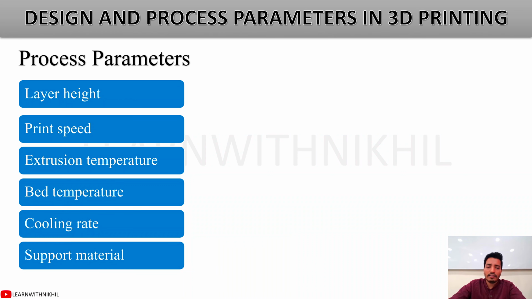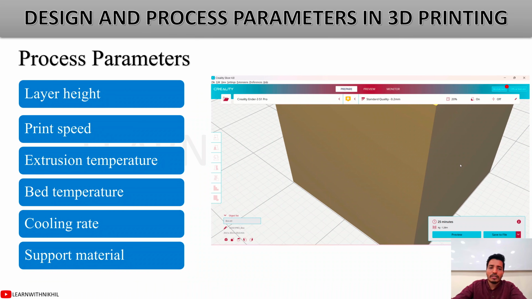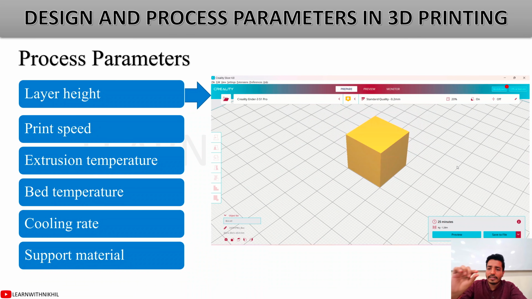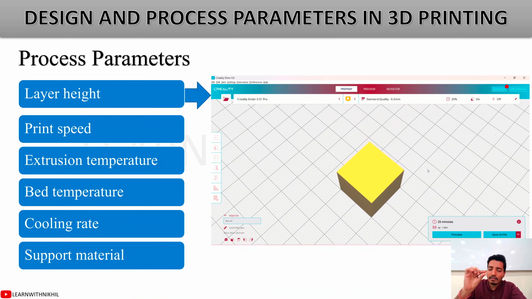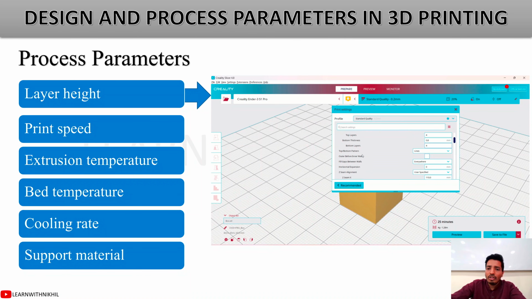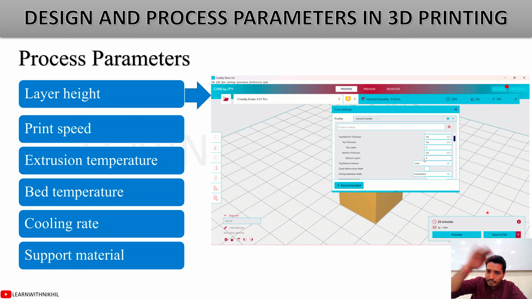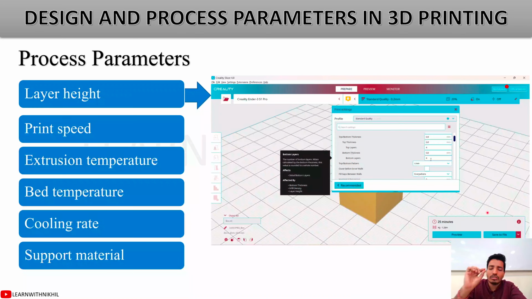So layer height, again same as the wall thickness, but how much will be the height of one layer. If this entire cube is made up of 1,000 layers, how much will the height of each layer be? That includes the layer height.